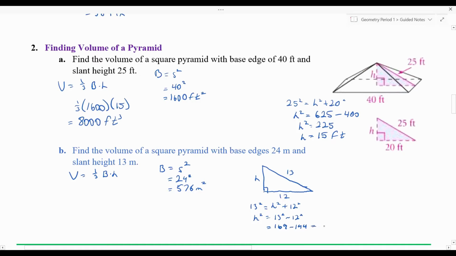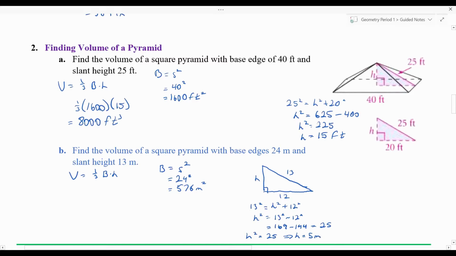And that gives me 25. So h squared equals 25. Then I take the square root of both sides and I get that h equals 5. And the units here is meters, so it's 5 meters.